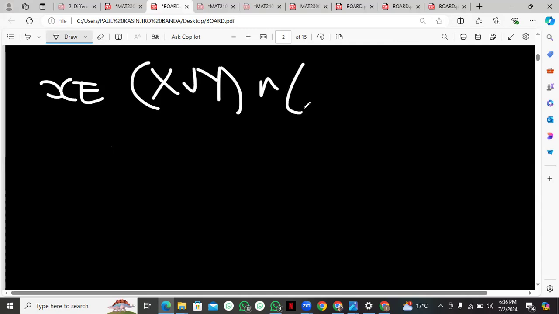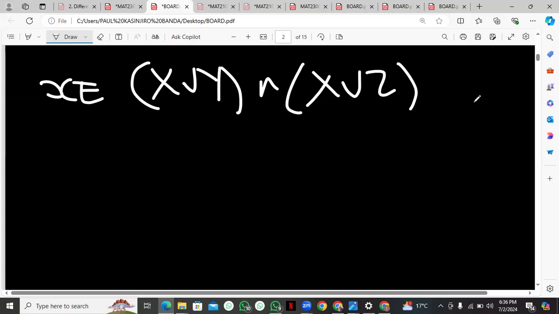So suppose that this X is actually a member of X union Y intersection X union Z there. Okay. So suppose that X is a member of that. Okay. Then we know that by definition, what will that mean?